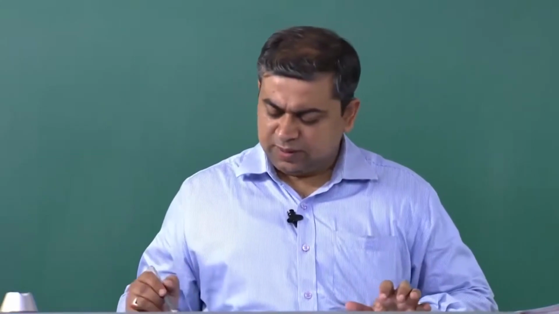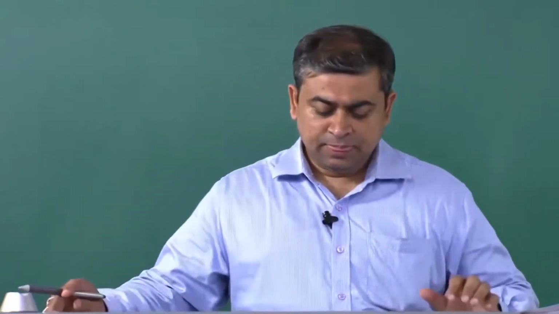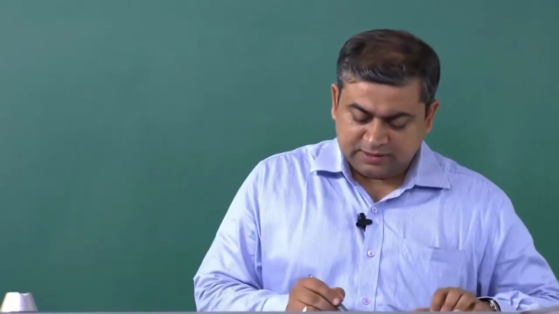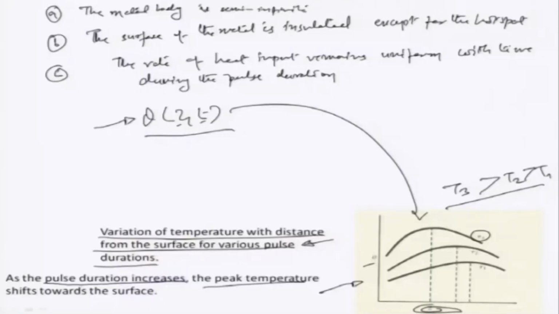So, in reality, the physics of the problem also gets replicated by the variation of theta with respect to z, as can be seen here. So, therefore, as the pulse duration increases, the peak temperature shifts towards the surface.